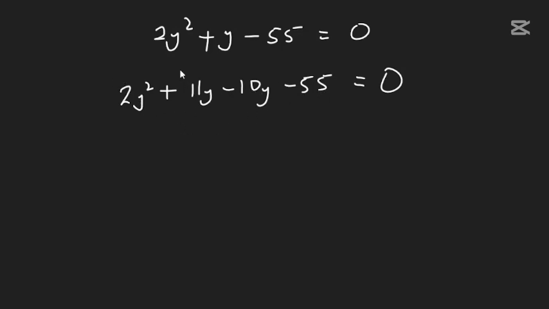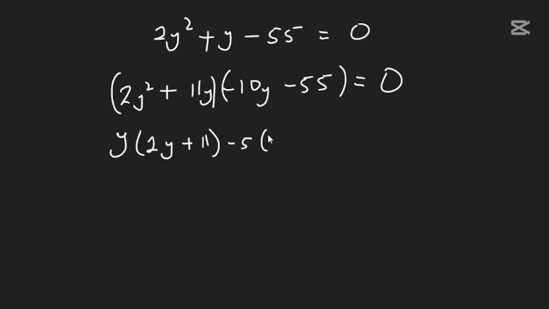So we can have these groupings here in terms of factors. Here y is common, so we factor y out, leaving 2y plus 11. Negative 5 is common here. So when we factor negative 5 out, we are getting 2y plus 11.